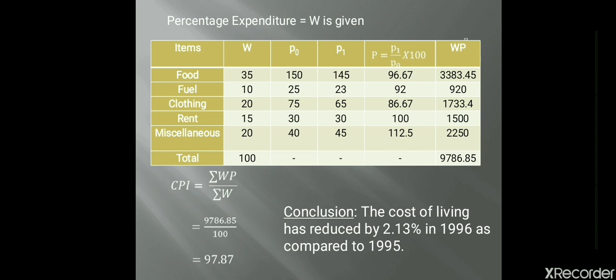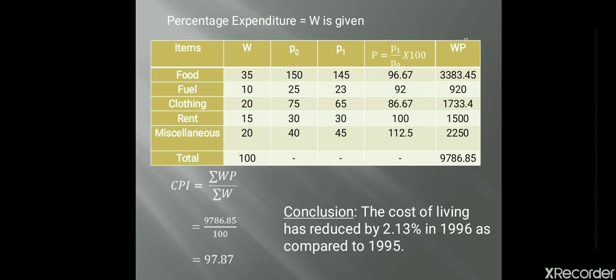As we are aware, the consumer price index formula under family budget method is summation WP divided by summation W. We need to calculate the price relative. That's why we have created here the fourth column heading as price relative capital P presented with the formula P1 by P0 into 100, and the calculation goes in this way.